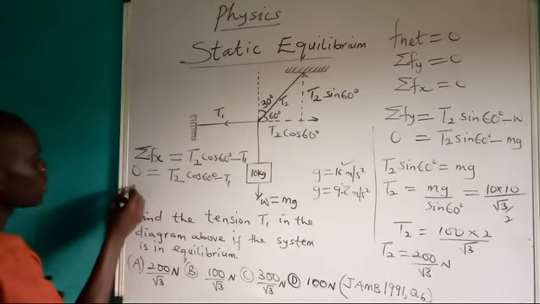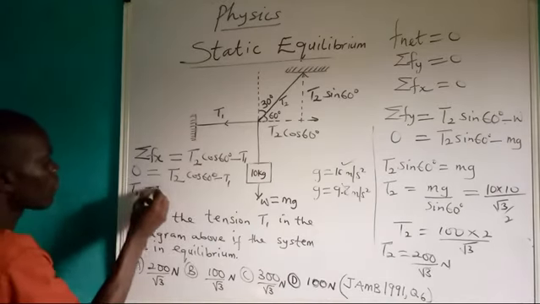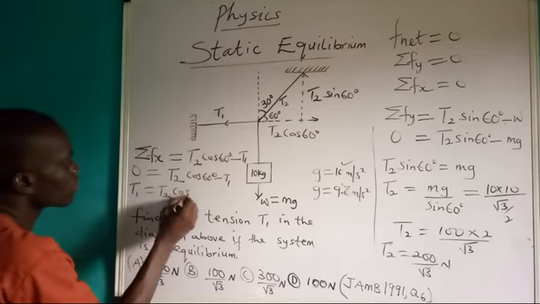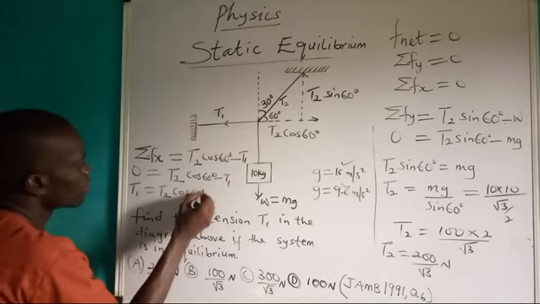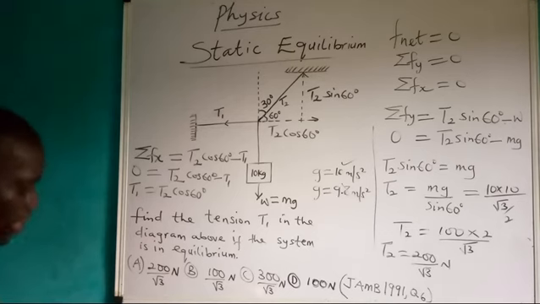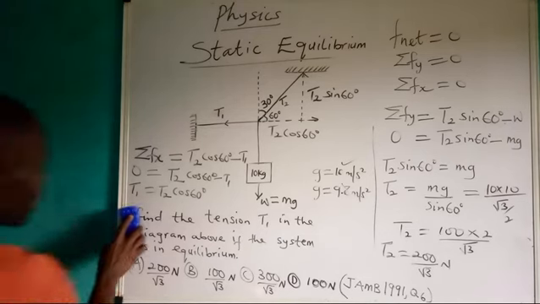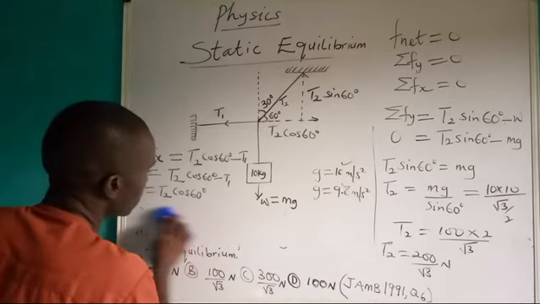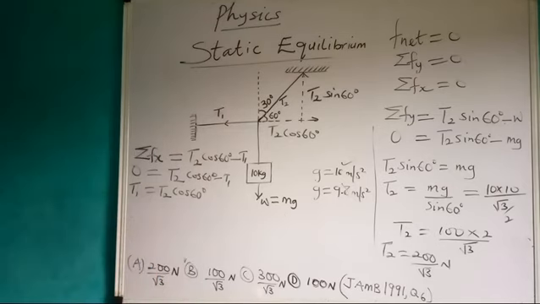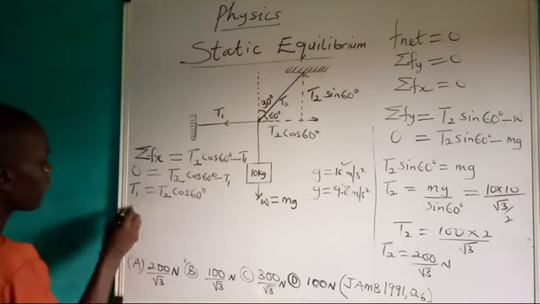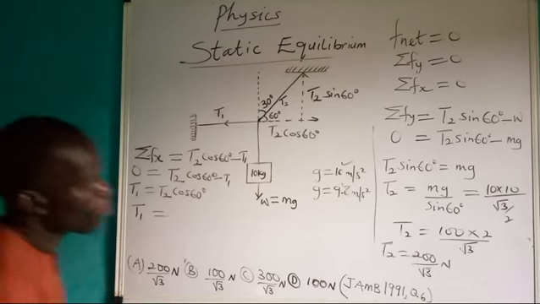Now doing this, I will have T1 equal T2 cos 60 degree. Now, what can I do? I'll remove this part here so that we can resolve it. Remember we already found our T2 from what we have here.